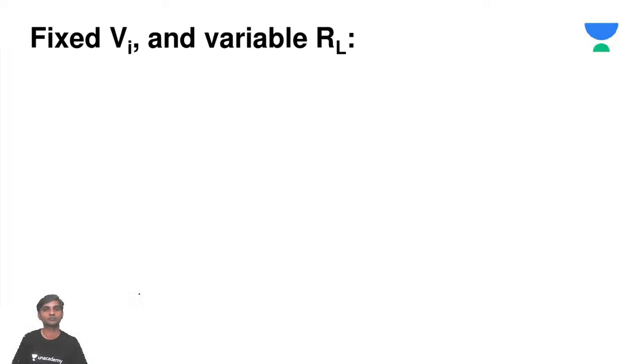Okay, next. Let's say fixed Vi and variable RL. So what do you mean by that?